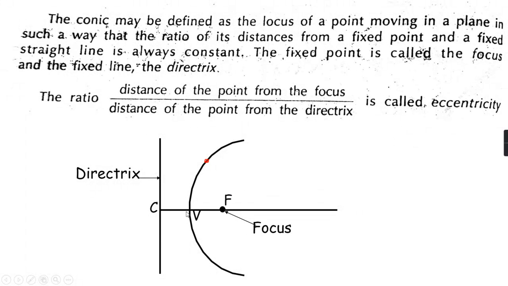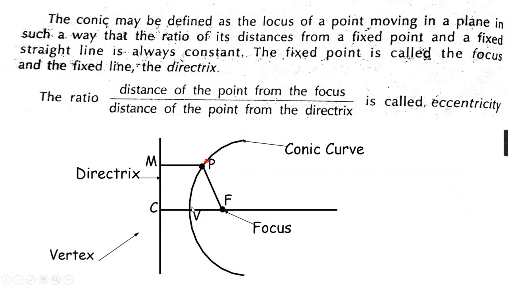So this is called the vertex. This is your conic curve. This is your point P, and this also is the distance R. Each and everything is shown in the figure, and eccentricity is shown by E.